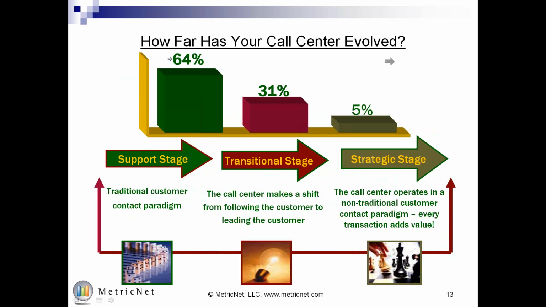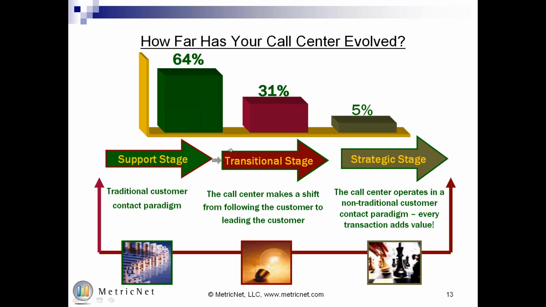Our research shows that, unfortunately, nearly 2/3, or 64% of all call centers worldwide still operate in this traditional customer support paradigm. They operate as a support function, not adding much value on any transaction and simply reacting to customer needs and requests. Another nearly 1/3, 31%, operate in this transitional, some people call it the growth stage.